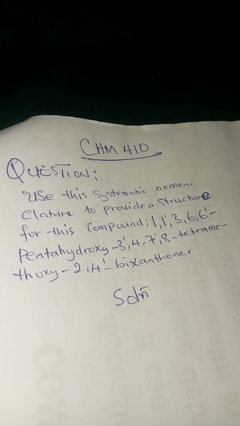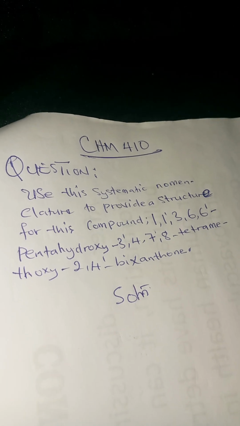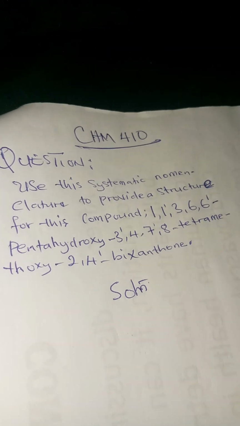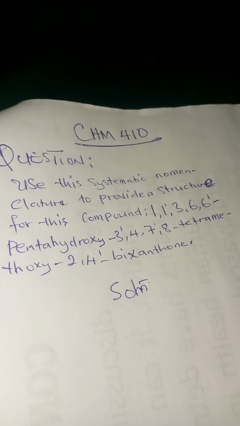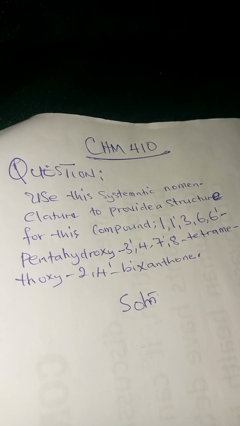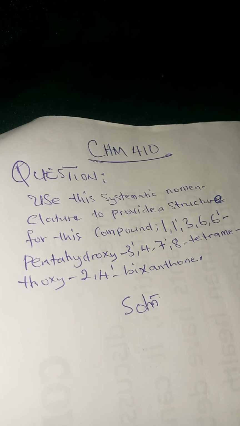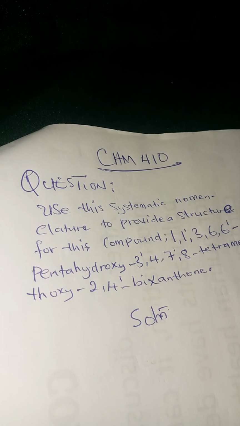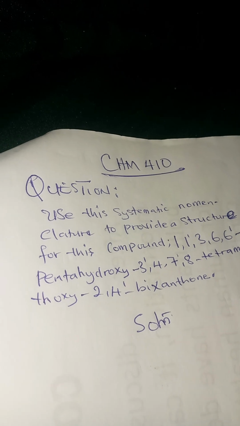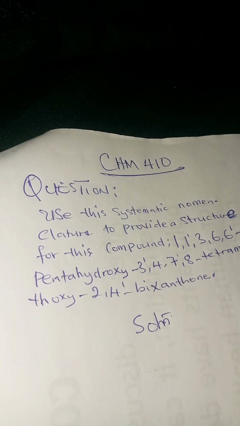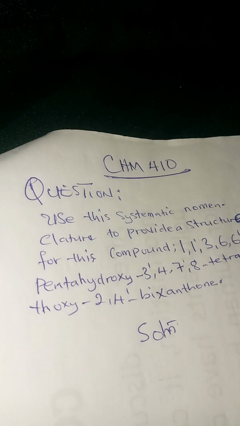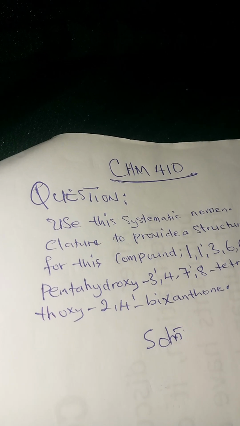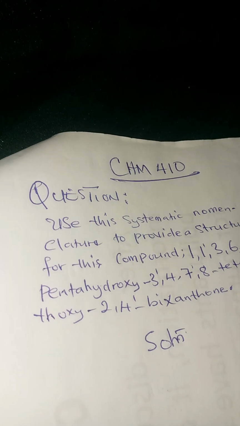By the way, you should know how xanthone is drawn. Xanthone is an organic compound that contains a pyrone ring in the middle, and then two benzene rings, one at each side of the pyrone ring. You understand?